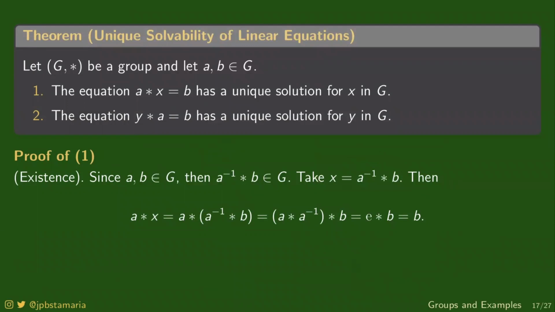Okay? But how do we prove that it is the only solution? So for the uniqueness, what do we do? We again suppose that there are two solutions, x1 and x2. So if x1 and x2 are solutions to this equation, what do we have?